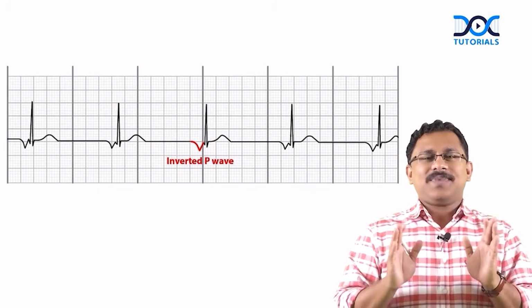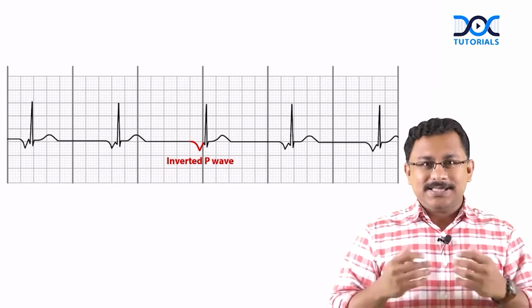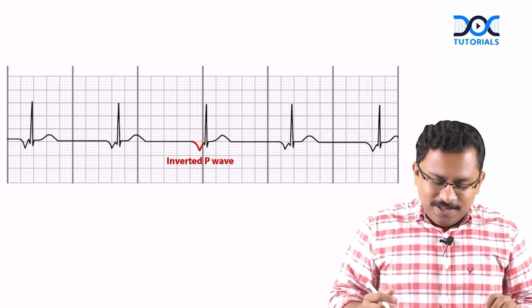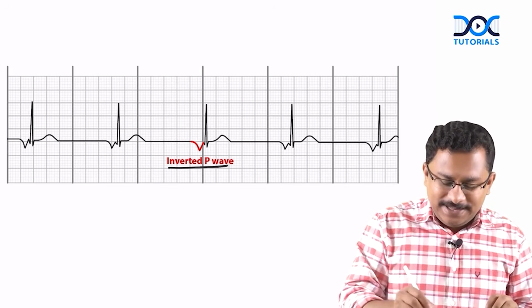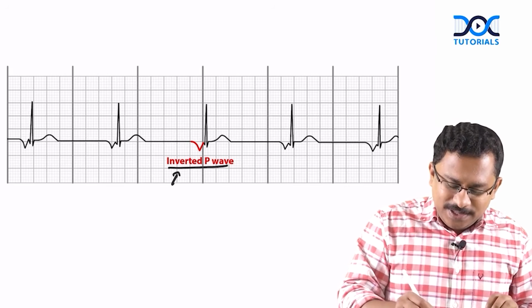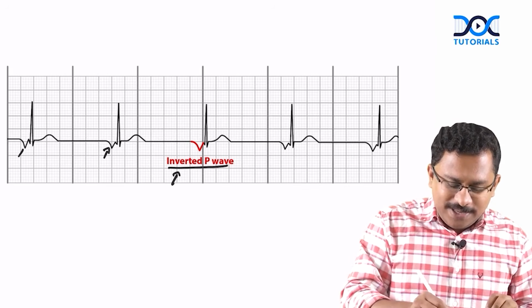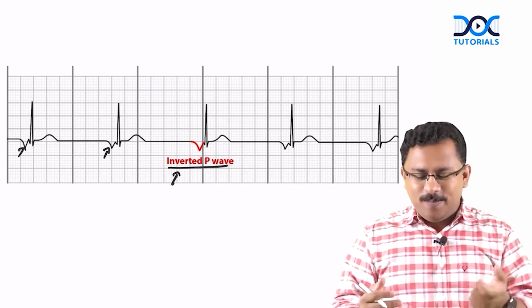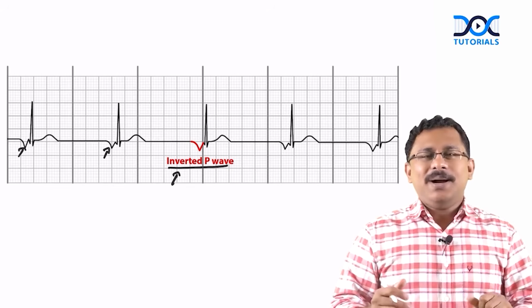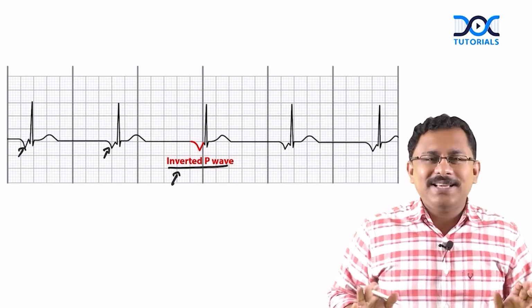So this is a classical junctional escape rhythm, because as you can see here, the inverted P wave they have highlighted. There are P waves occurring here, but they are actually retrograde, or inverted. But the QRS morphology is normal, because when the AV node is acting as pacemaker, the impulse goes down through the conducting system, the two bundle branches.